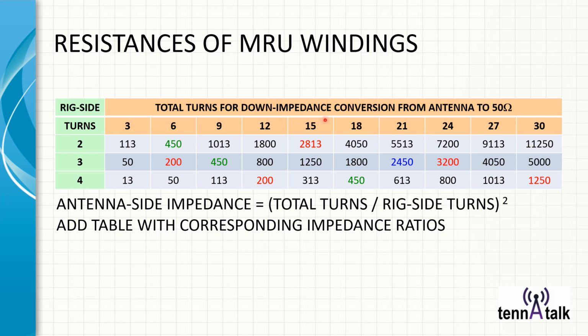If I have this number of turns for down conversion from the antenna to the rig side, of this number of turns on the secondary and this number of turns on the primary or the rig side, I can generate a variety of my R values very easily by being able to switch between, or just tap different taps between these 2 ratios. Of course, you can use any number here above, 12, 13, 14, doesn't matter. And you can get ratios that are not integer, 3.7, 17.8, whatever you like, you can build it.